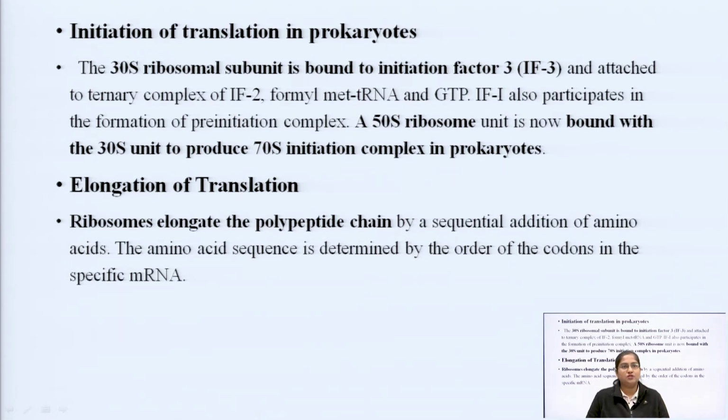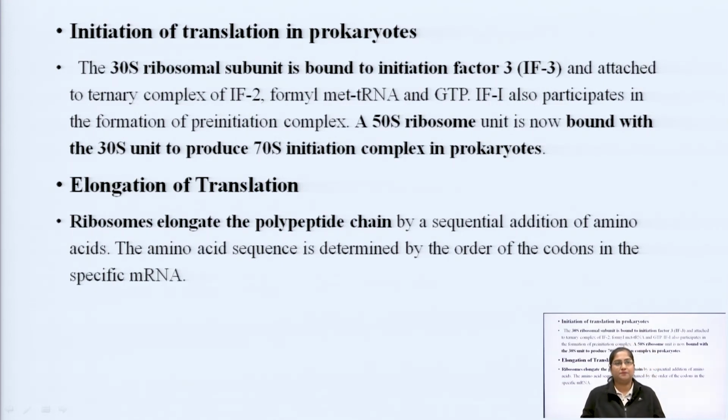IF1 also participates in the formation of the pre-initiation complex. A 50S ribosomal subunit is now bound with the 30S unit, which finally produces the 70S initiation complex in prokaryotes.